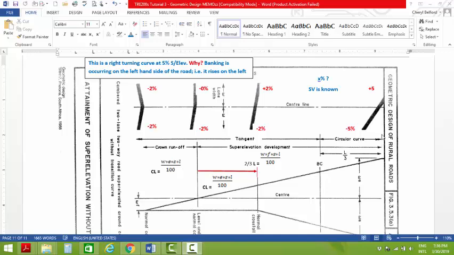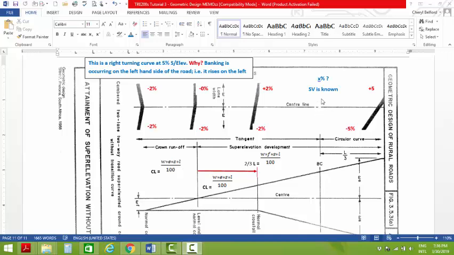So basically this stake value, I'm going to refer to it as maximum SuperElevation stake value, is the most important stake value. So anything past this point will enjoy 5% SuperElevation. But before this point, we've got to be able to calculate the changing SuperElevation between this stake value and this stake value here. So how do we do that?